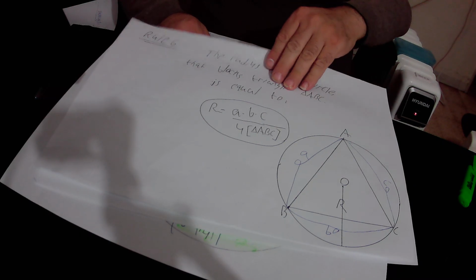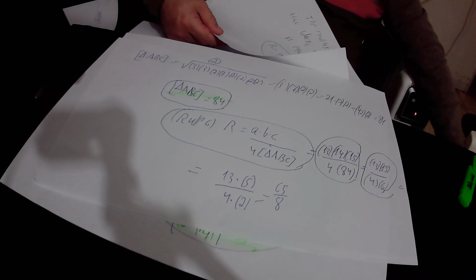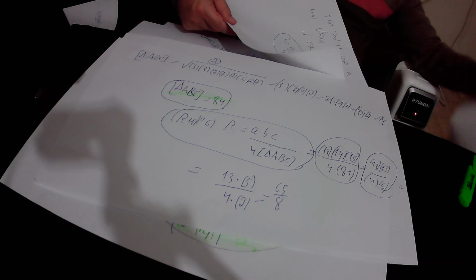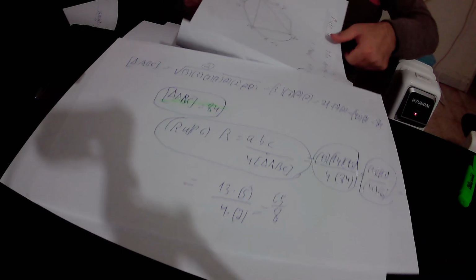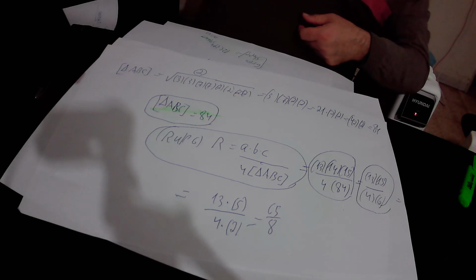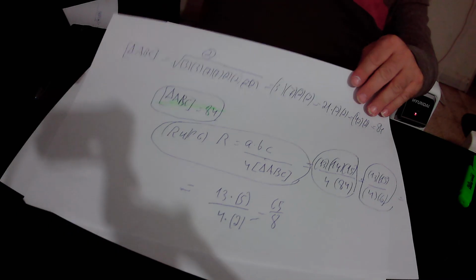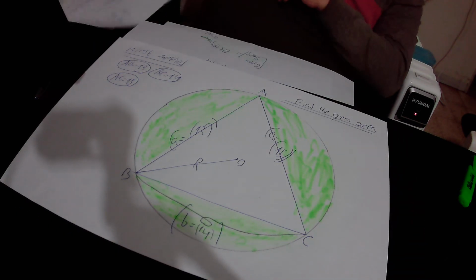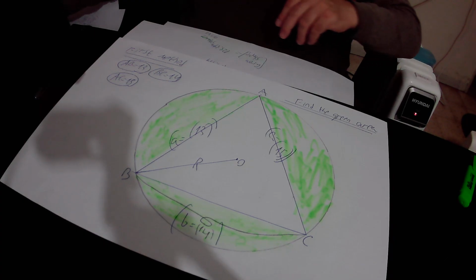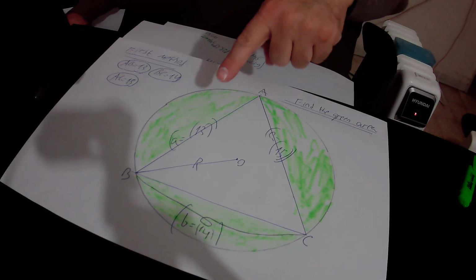We can implement rule number 6 in our drawing. Why? Because in our drawing we have a circle that blocks triangle ABC.